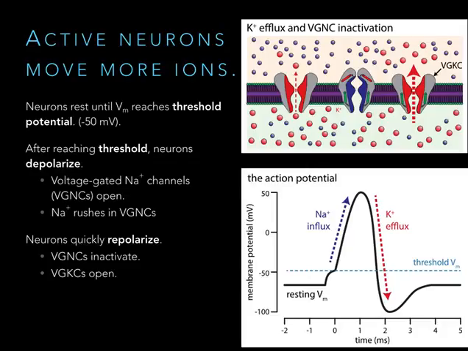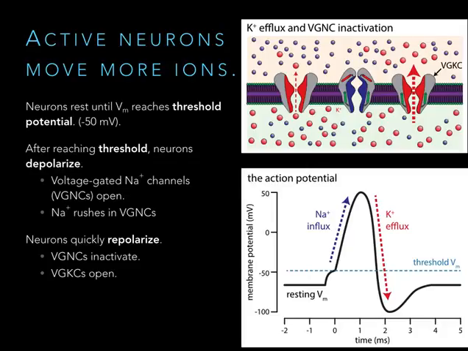Now our sodium permeability is back down to that 0.04, the very, very low value. But we've opened up another set of potassium channels, the voltage-gated potassium channels. Notice that they're not leaks. They are gated by membrane potential. So they're activated by the same threshold value as voltage-gated sodium channels. They're just much slower.